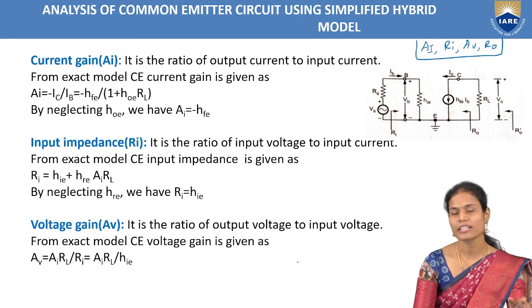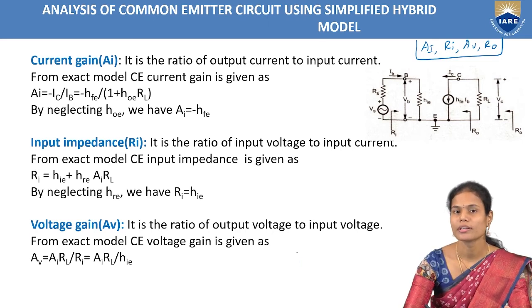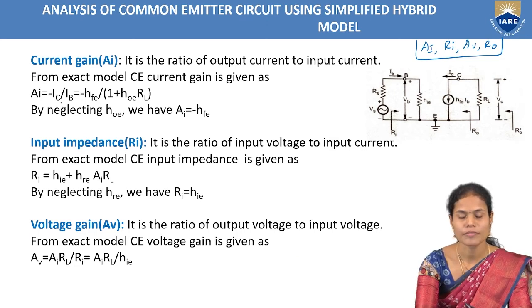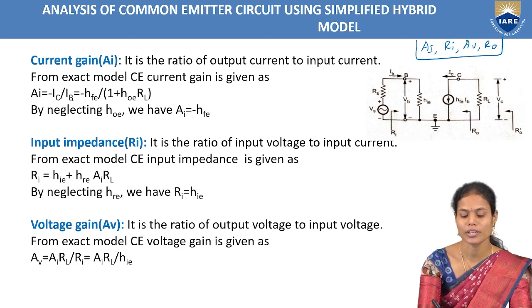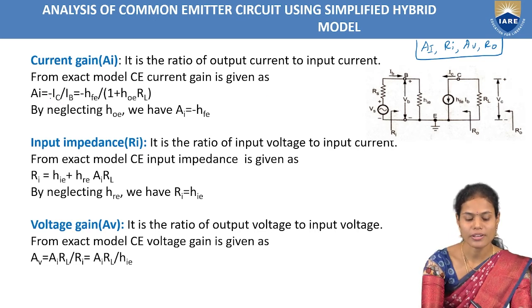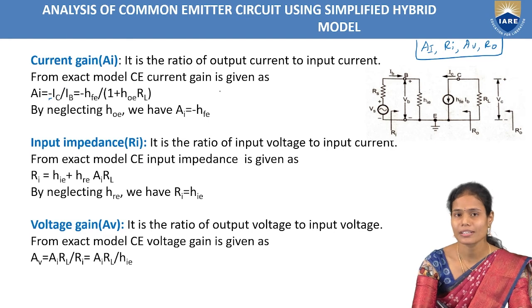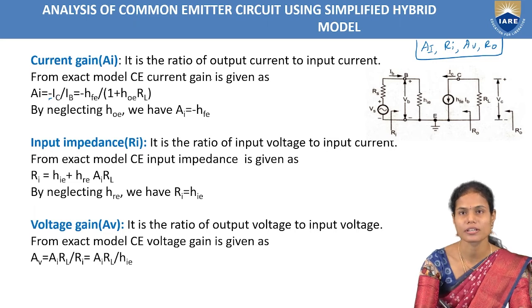So from the exact model of common emitter configuration, the current gain is nothing but minus IC by IB, that is output current by input current. Here why we are taking minus sign means the collector current direction is opposite to the load current direction here. So that's why it is minus IC we are considering.